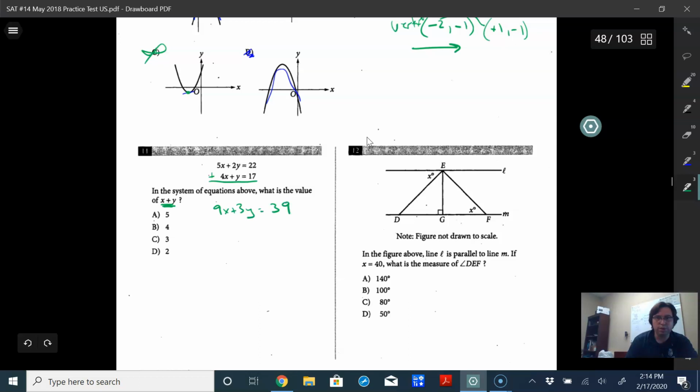And so they're all divisible by 3. I see that. And so if I was to pull that out, I could see I'm going to get 3x plus y equals 13 of sorts. Or sorry, that equals 39, and then I got to divide by 3, and then divide by 3, and so then I get 3x plus y equals 13.